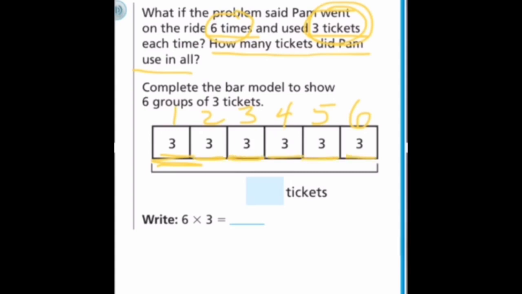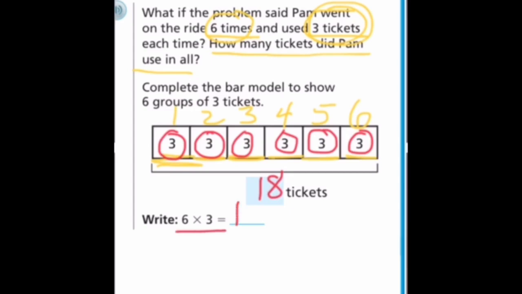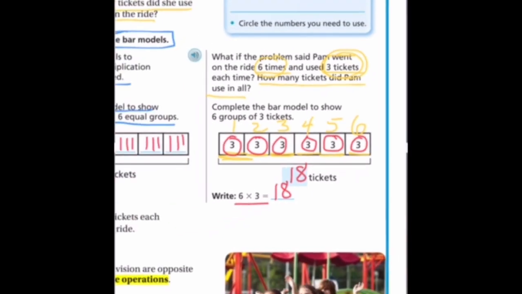And we can count that up. Skip count by 3s if you know how to do that. So here we have 3 plus 3 is 6, plus 3 is 9, plus 3 is 12, plus 3 is 15, plus 3 is 18. Or 6 groups of 3 is 6 times 3, and it equals 18.